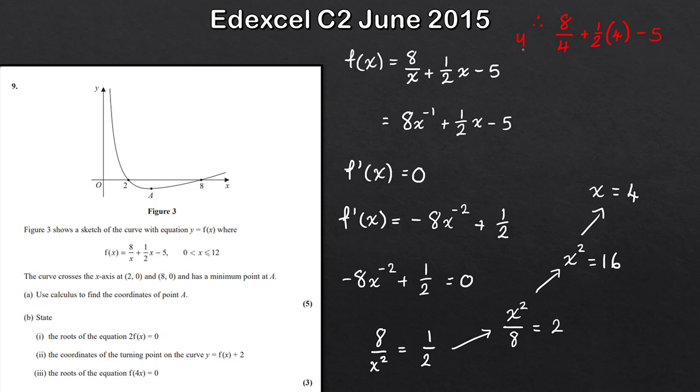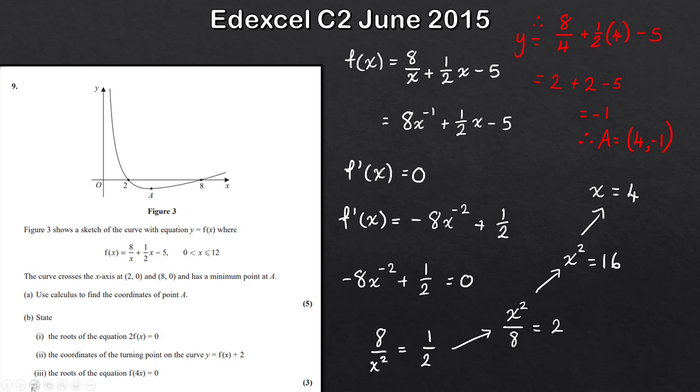So y equals, well, 8 over 4 is 2, a half of 4 is 2, and we minus 5. So 4 minus 5 gives us minus 1. So therefore, A is equal to (4, -1). That gives us the solution to part A.